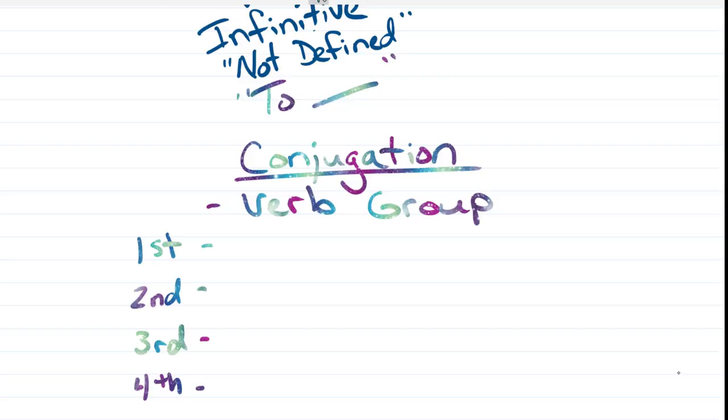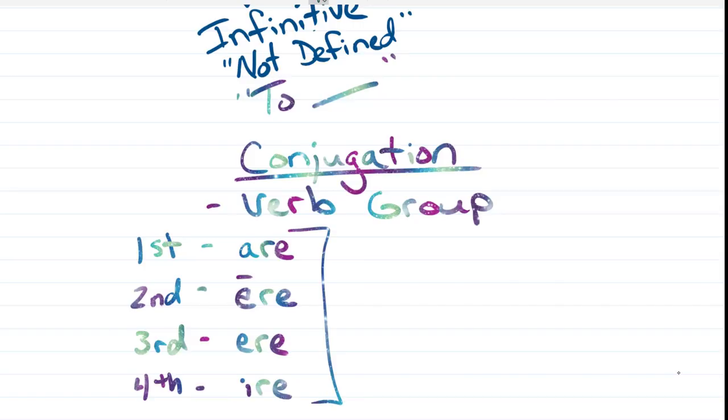Okay, and the first conjugation has an infinitive ending that ends ARE, and we saw this in the vocab. And second conjugation is a long ERE. Third is a short ERE, and fourth is IRE, and we will get those later on. Right now we're just going to worry about first and second conjugation, but this is your infinitive endings.